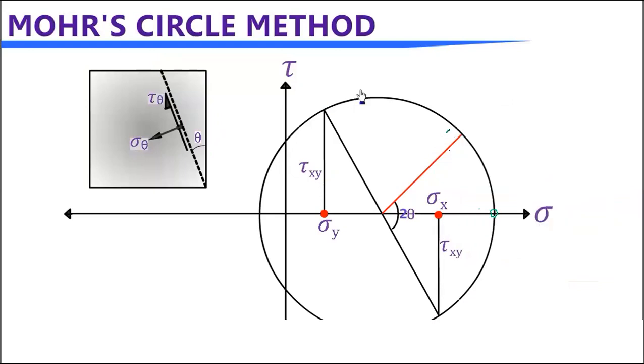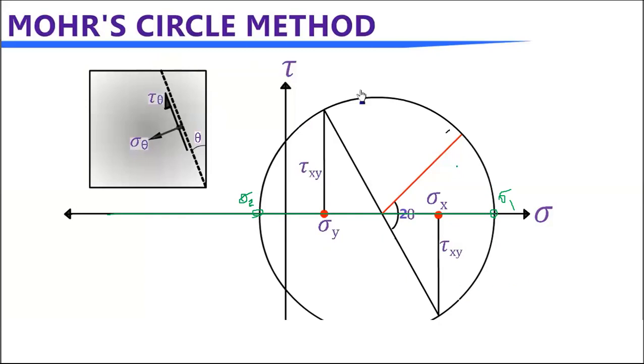This one is the first, sigma 1, and we take sigma 1 tensile positive. So this is a tension, right? Shear stress is 0. You are on the x-axis, right? And here you have the sigma 2, that means the minimum principal stress, right? It's a compression. It's in the negative side.